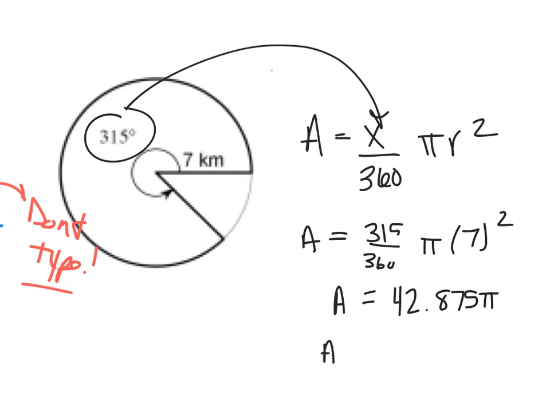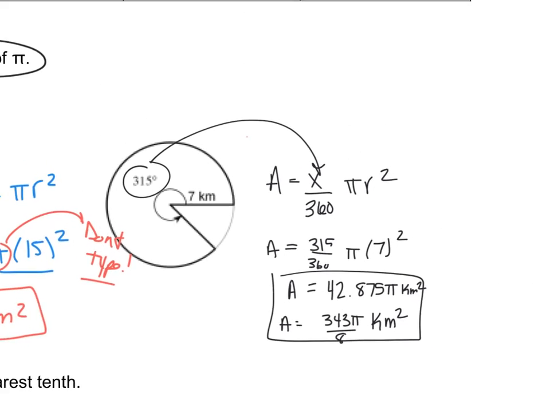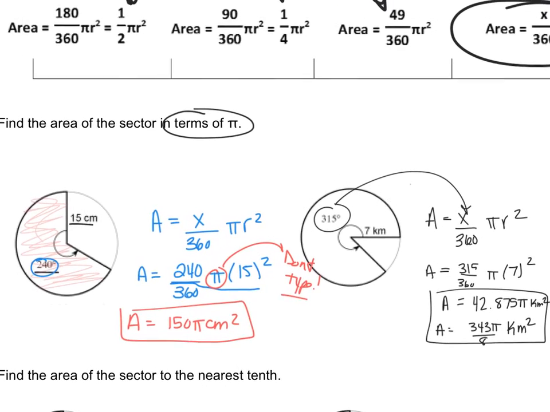You can also write it as area equals 343 pi over 8. And my units are kilometers squared. That is your final answer.